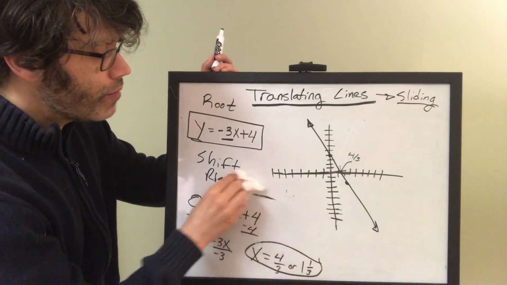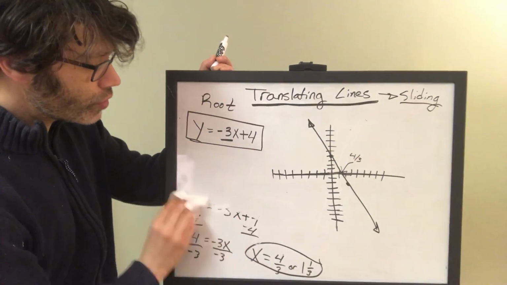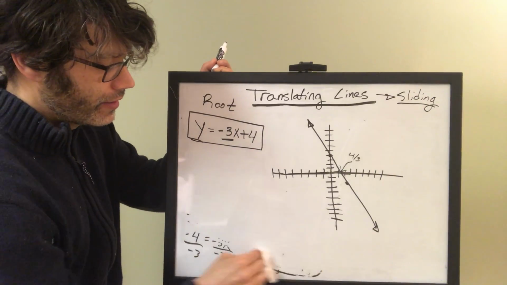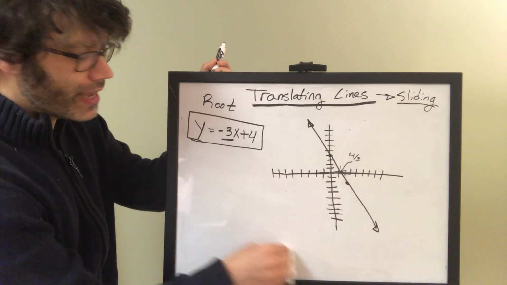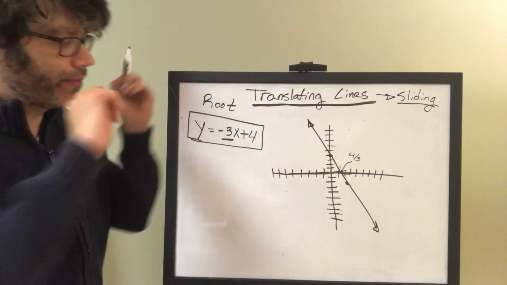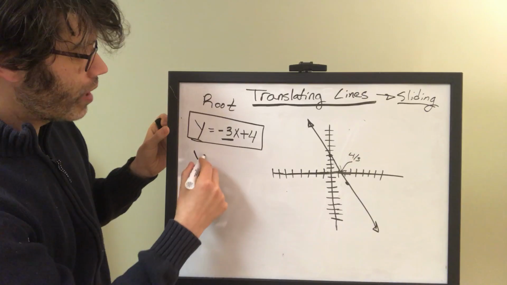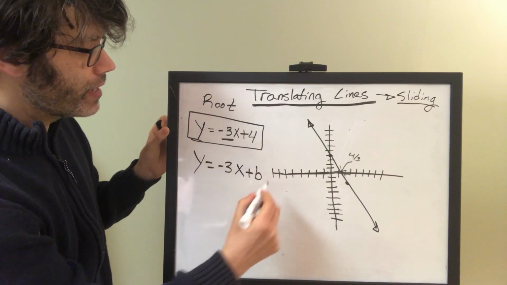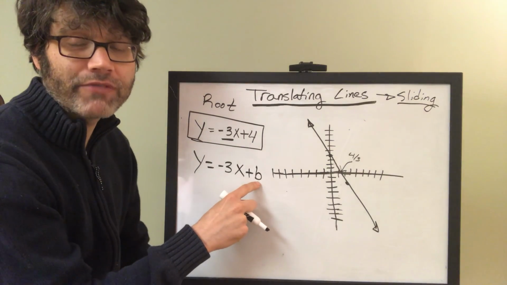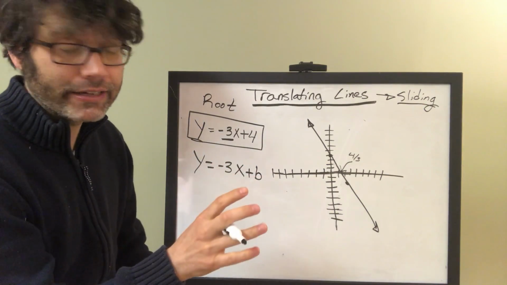All right, so now we're trying to find out what the equation of a line is that's parallel to this, that goes through the x-axis at 3 1/3. All right, so what do we know? We know y equals -3x plus b, because we don't know what the y-intercept of this new line is. Not yet anyway.